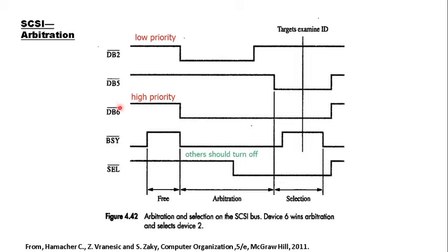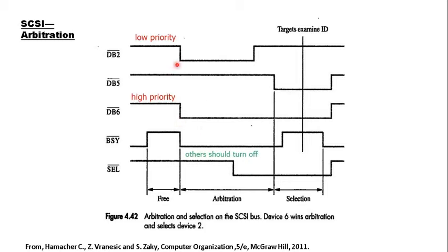Okay, and they will give control to the particular controller whose DB line is activated and which has the highest number. They understand that DB6 and DB2 are involved in a competition, and finally control of the bus is given to DB6, our main SCSI controller.